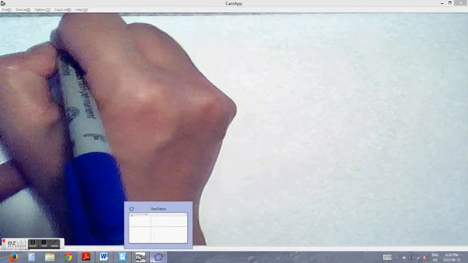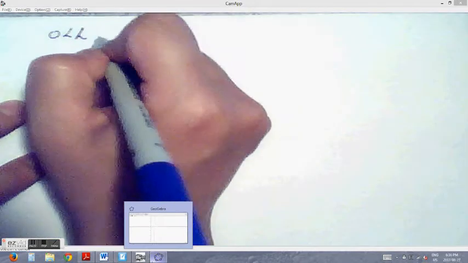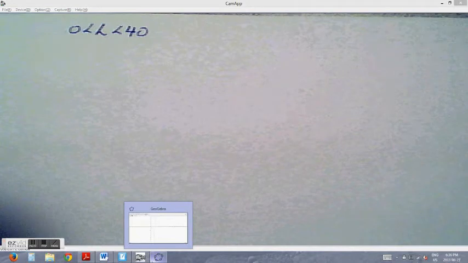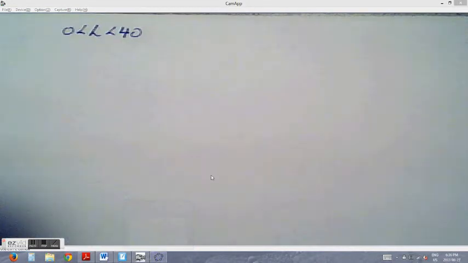Okay, so part B, now what we have is restrictions. We have restrictions on the length, in which the length is in between 0 and 40. So it cannot exceed 40, but it can also not be negative.